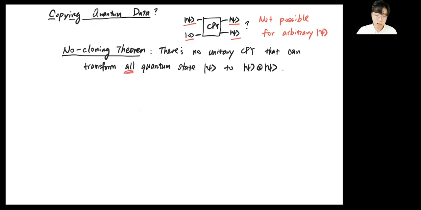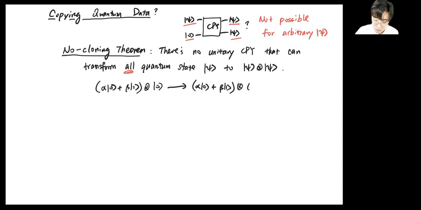The reason is that if you were to transform an arbitrary quantum state, for example, for a single qubit alpha 0 plus beta 1, tensored with some other known state 0, and transform it to alpha 0 plus beta 1 tensored with alpha 0 plus beta 1, which is equal to alpha squared 00 plus alpha beta 01 plus beta alpha 10 plus beta squared 11.